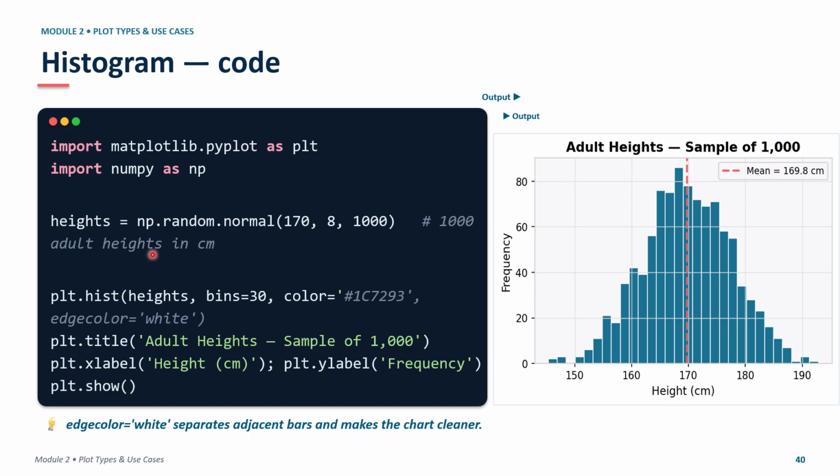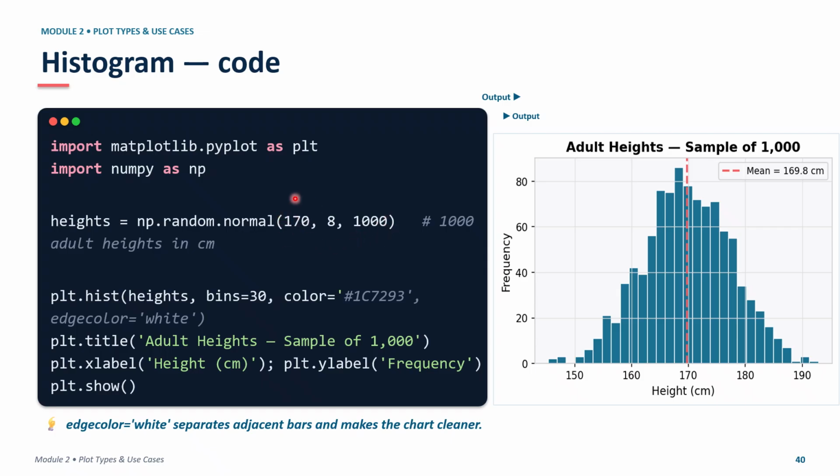First, let us use numpy.random to make normal distribution points, generating the simulated data. I'm going to simulate 1000 adult heights following a normal distribution.